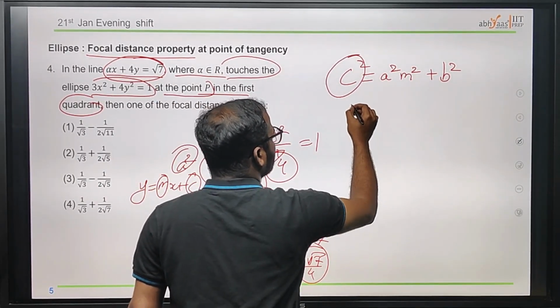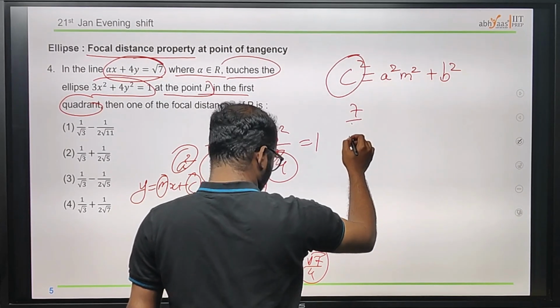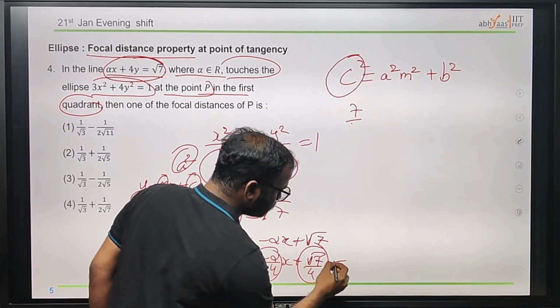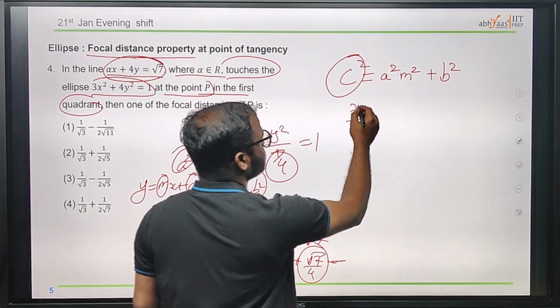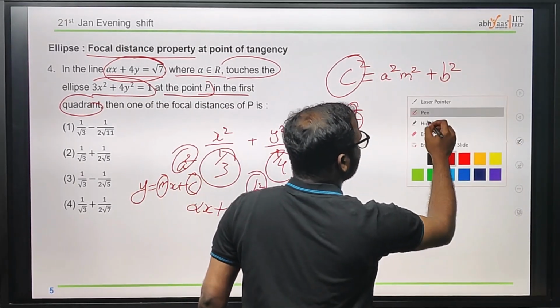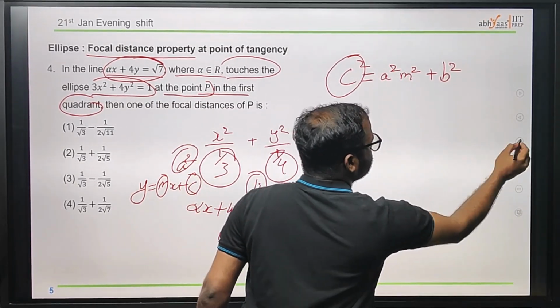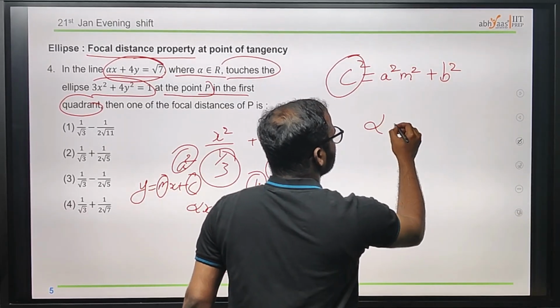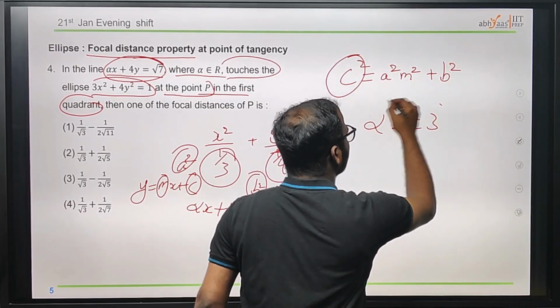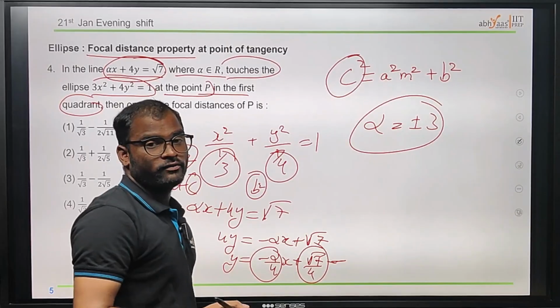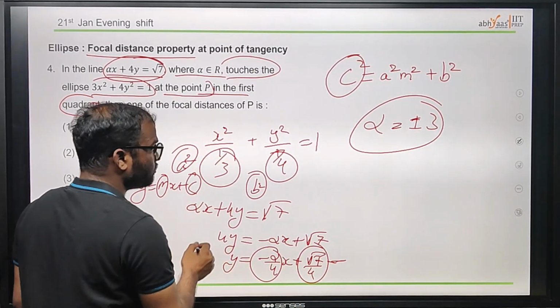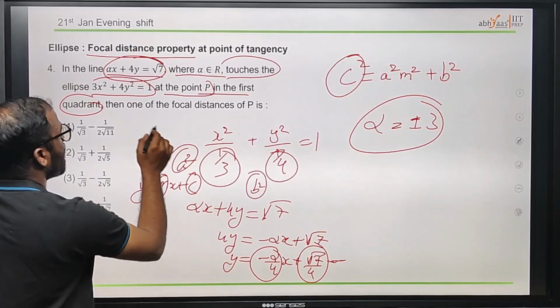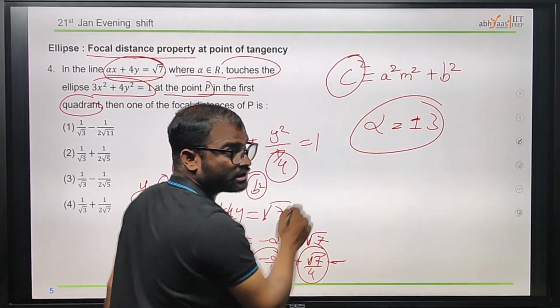We have c as this one. Substituting those values, we get alpha is equal to plus or minus 3. Since we have to take the first coordinate, we take the plus 3.